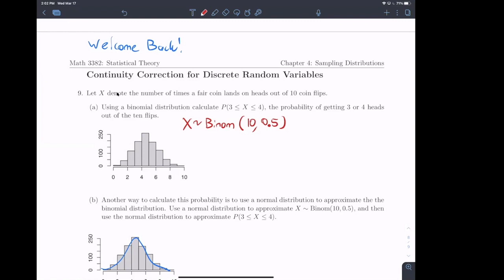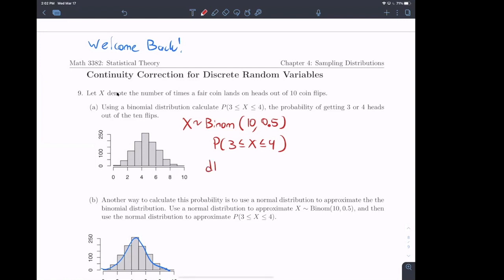And so if we want to calculate the probability that we would get somewhere between 3 or 4 heads, since here we can only get an integer number of heads, then we could use R, for example.